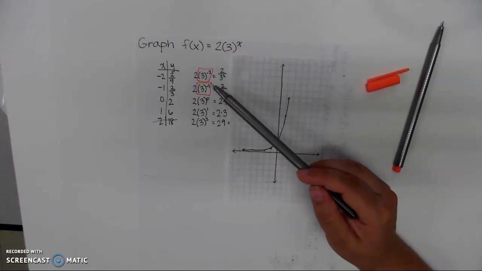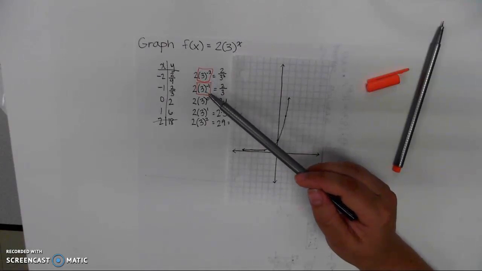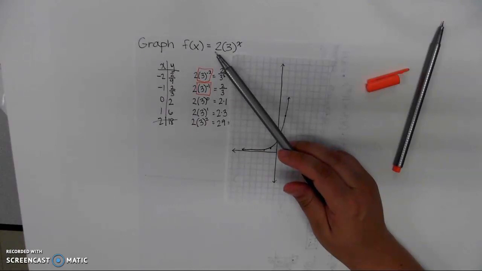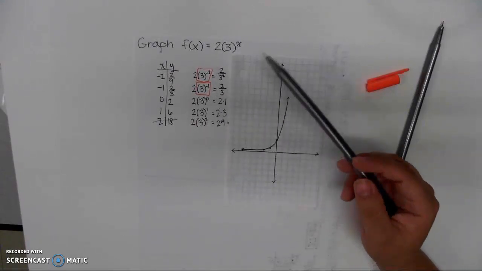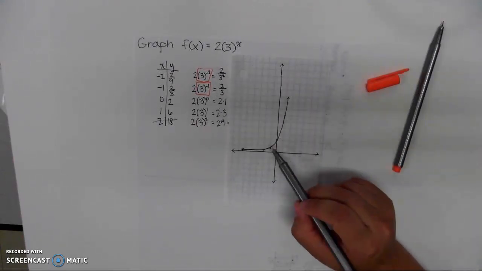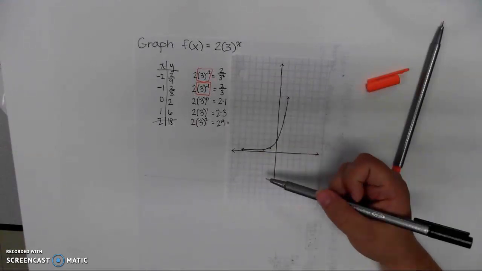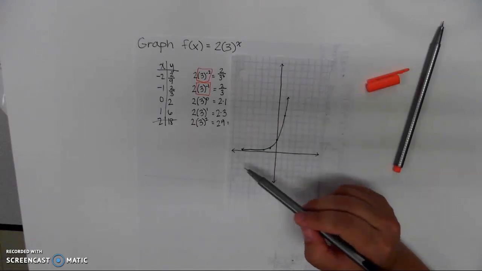Because what do negative exponents do? Negative exponents flip it. It doesn't make it negative. And so unless this a out front here is negative, the whole thing can't ever be negative. And that's why you need to keep it above the x-axis, because it can never be negative.